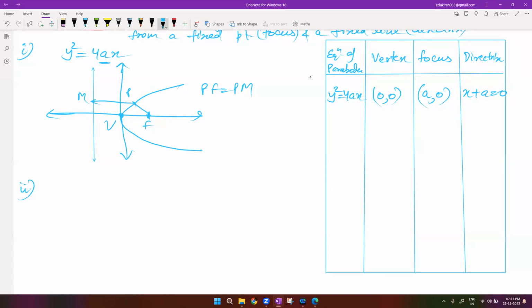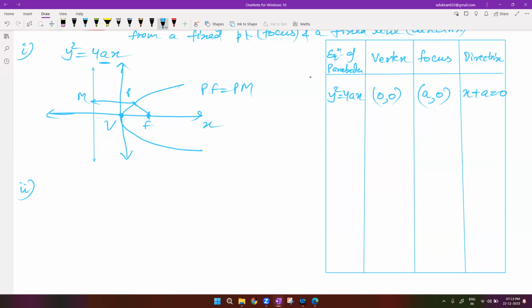Okay, this is PF equals PM. Now, this is the x-axis right now about which the curve is symmetrical. This is known as the axis of the parabola. Axis of the parabola is a line about which the parabola is symmetrical, and wherever your axis and parabola cut, that is basically the vertex, right?